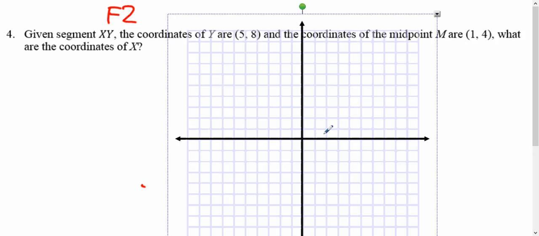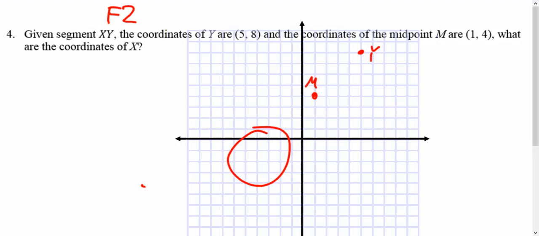So we'd have (5, 8), and then the midpoint is (1, 4). And we're looking for point X, which would have to be over here somewhere, because if M is the midpoint, it has to be in the middle of X and Y. So you could get that. Once you have it graphed, you could just count and see.